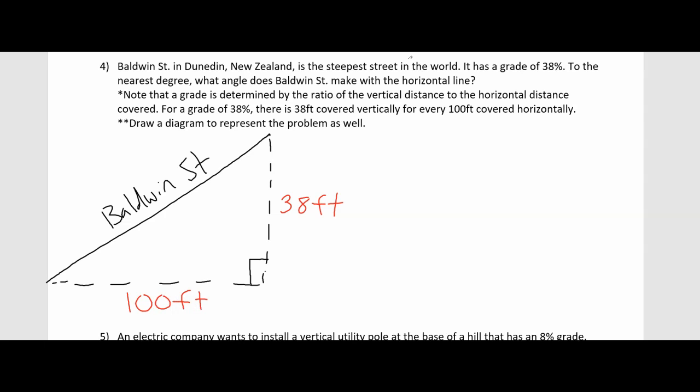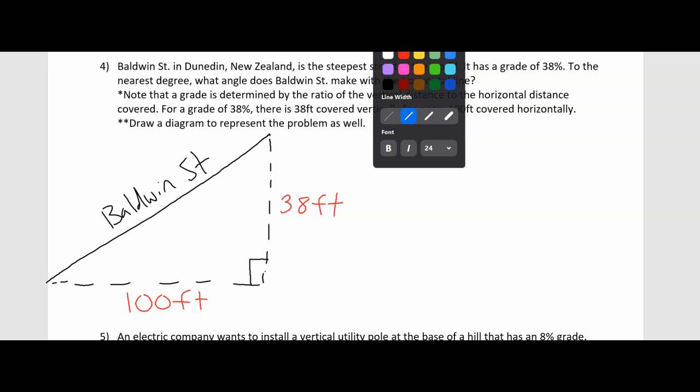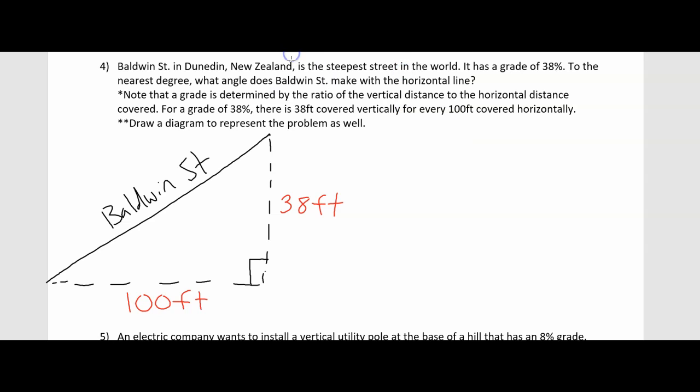And we're being asked, what angle does Baldwin Street make with the horizontal line? So our horizontal line is just this. Baldwin Street is the solid segment. So we are trying to figure out this angle right here. Let's call it theta. Theta is just a variable we use for missing angle measurements.